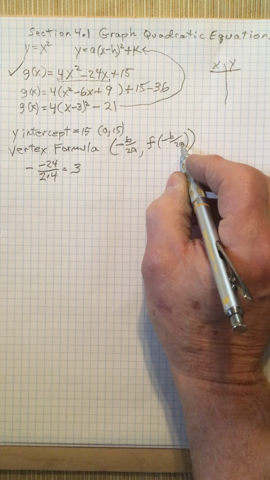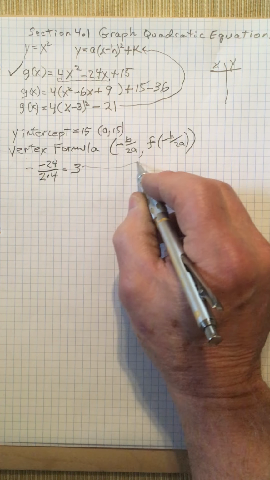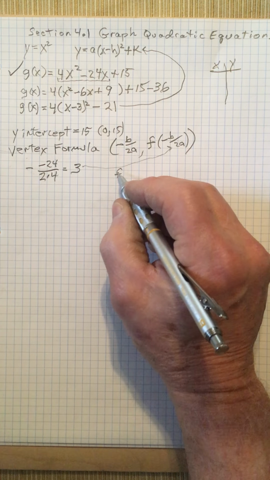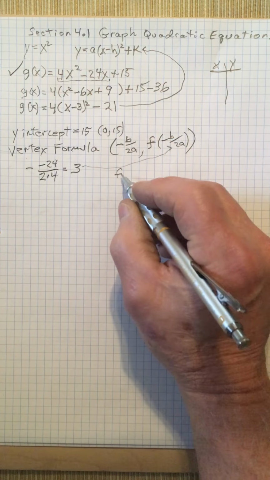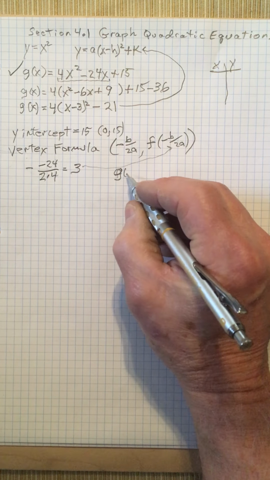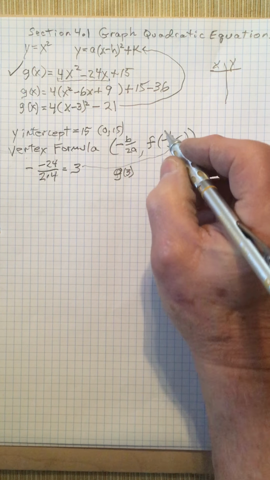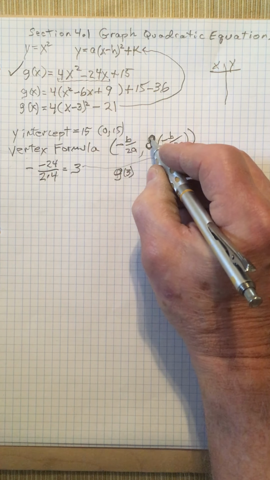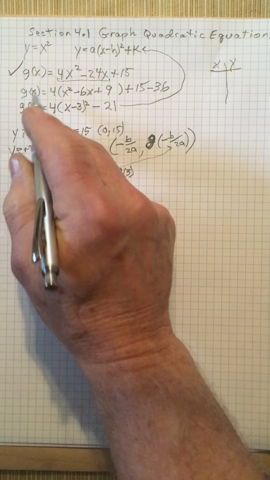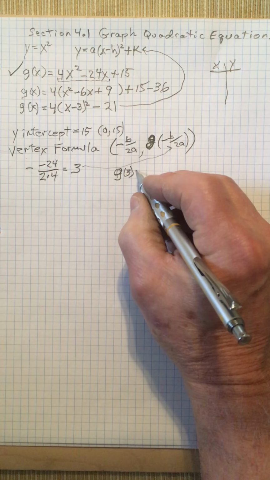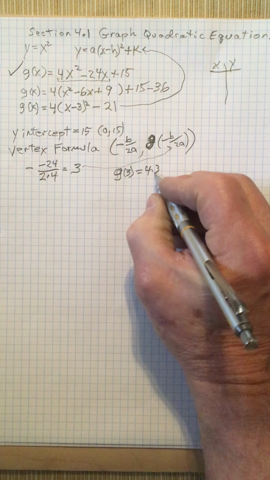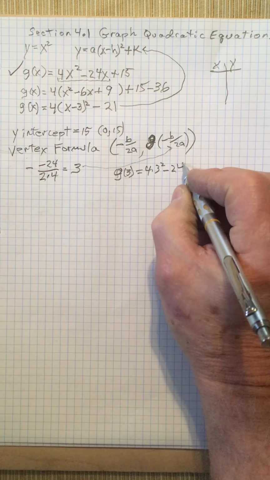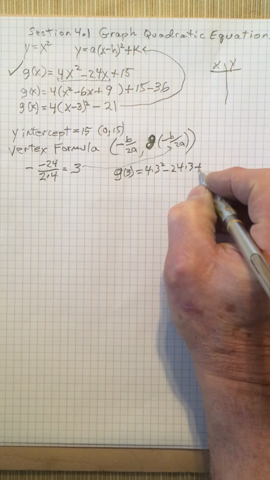So f of 3, if I plug that in here, or in our case, I'm sorry, g of 3. Let's change this to a g also. Okay, g of 3, 4 times 3 squared, minus 24 times 3, plus 15.